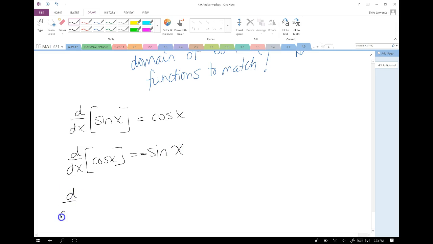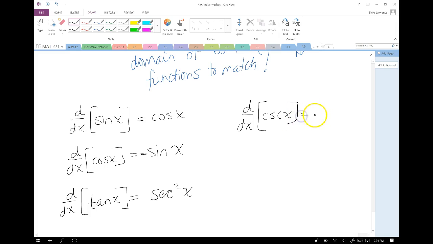The derivative for tangent of x is secant squared of x. The derivative for cosecant x is negative cosecant cotangent.